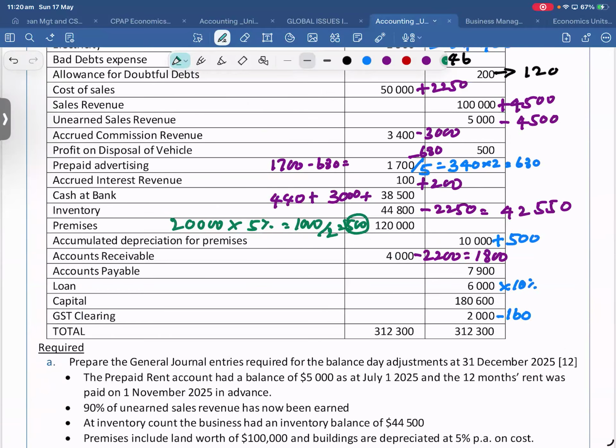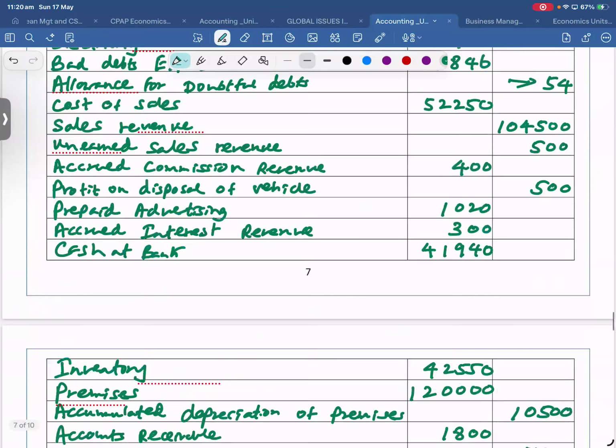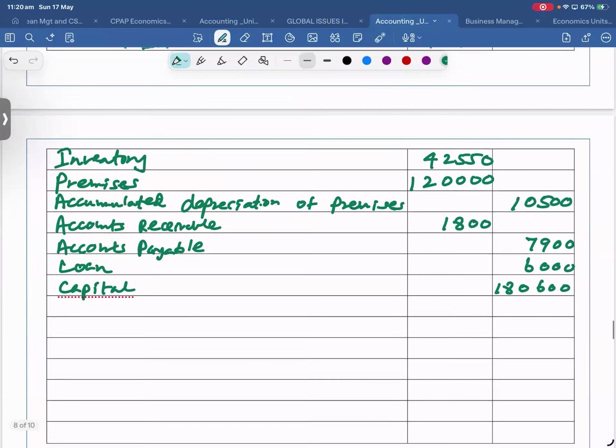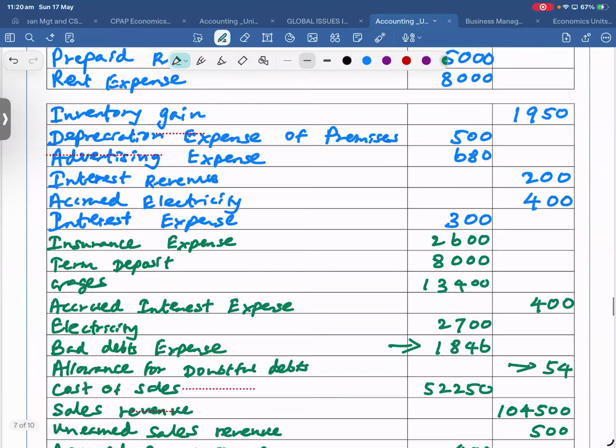Capital 18,600. Right. Then the last one is GST clearing, which is 1840.